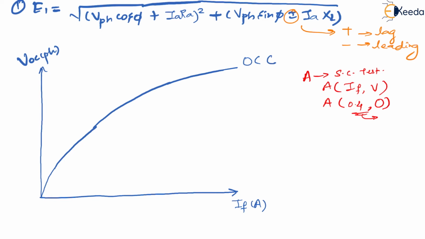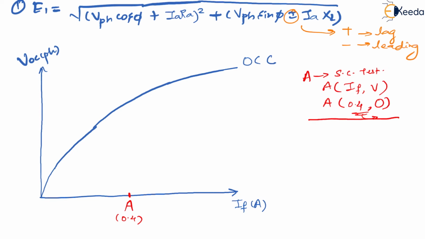So let me have that value somewhere here and plot this point A. This is point A, simple. Let us consider this is 0.4.